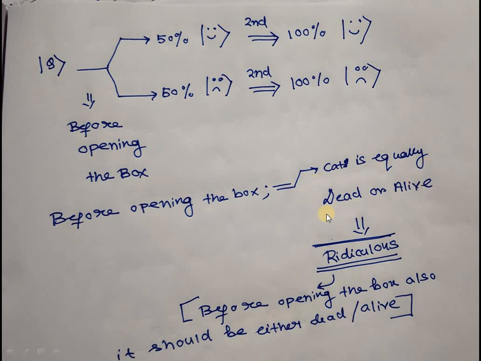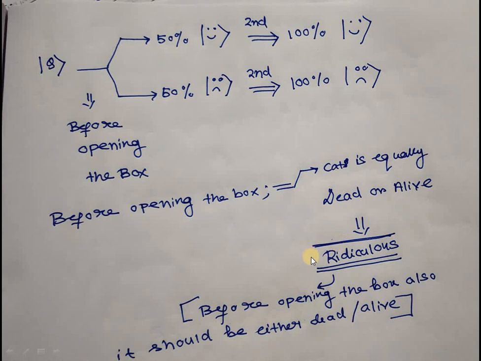Practically, what happens is that if the cat is alive, it will be alive before the box is opened. If the cat is dead, it should be dead before the opening of the box. But according to this theory, that is the Copenhagen interpretation, the cat will be dead as well as alive before opening the box, which is practically not possible.